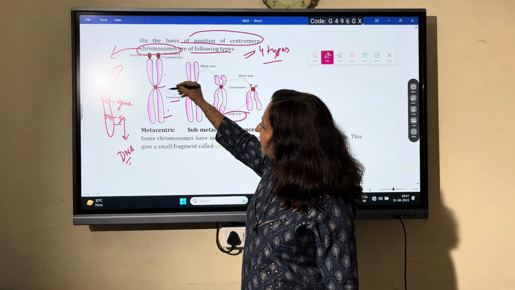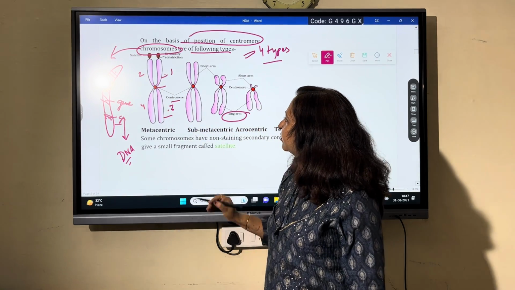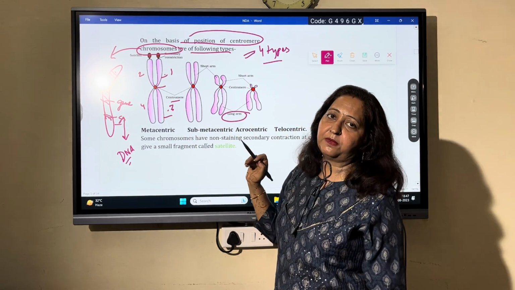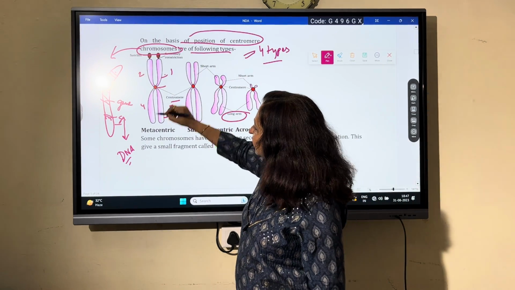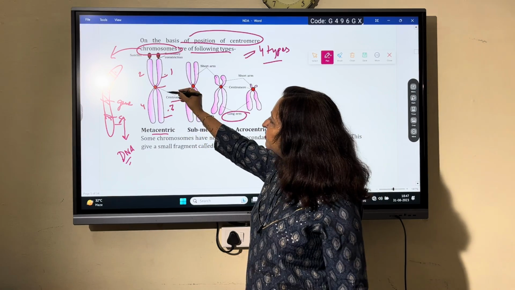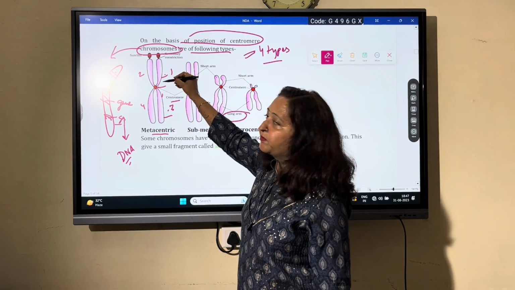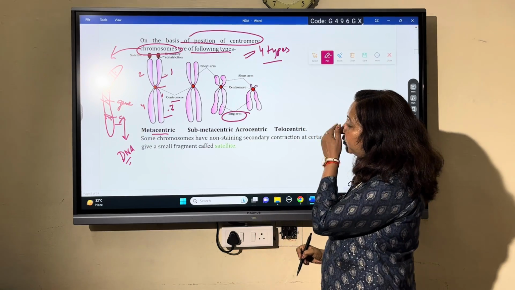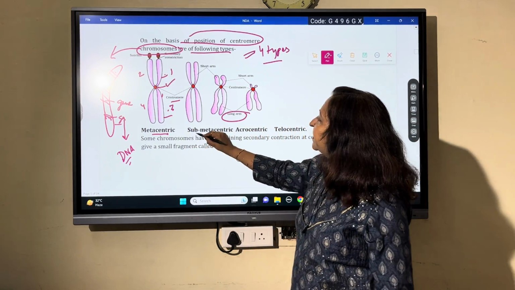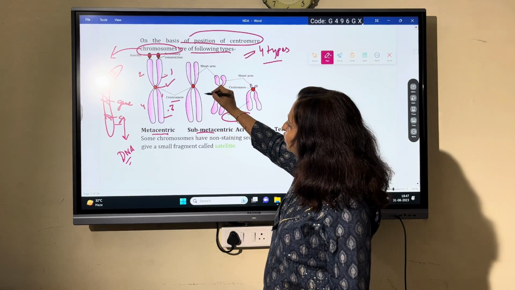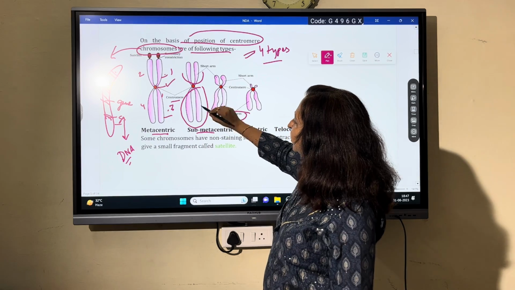A chromosome has 4 arms: 1, 2, 3 and 4. Now this is metacentric, meaning the centromere is present in the center and all the arms are equal. When all the arms are equal, it is known as a metacentric chromosome. Now in submetacentric, 2 arms are bigger and 2 arms are shorter.